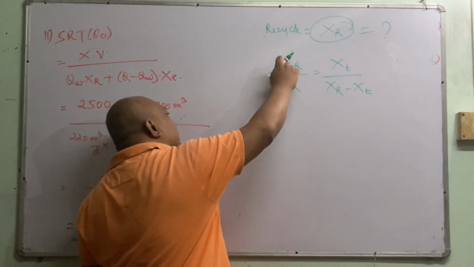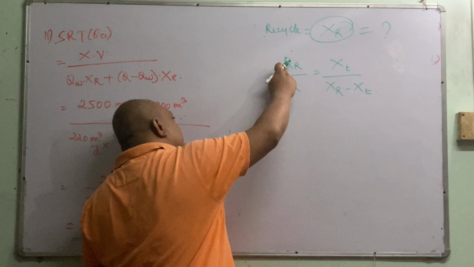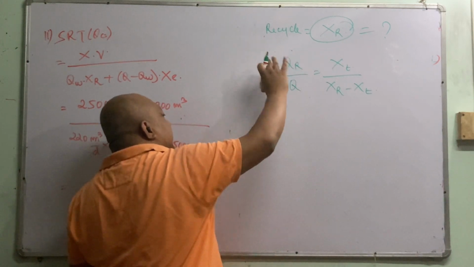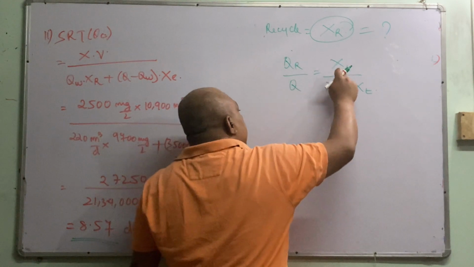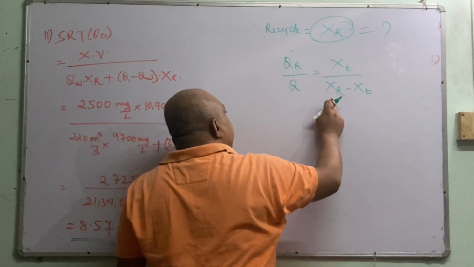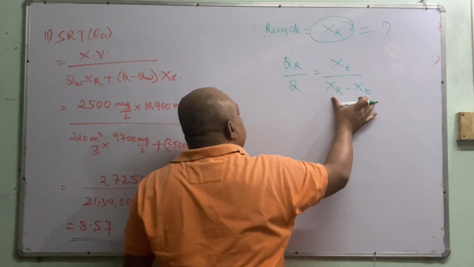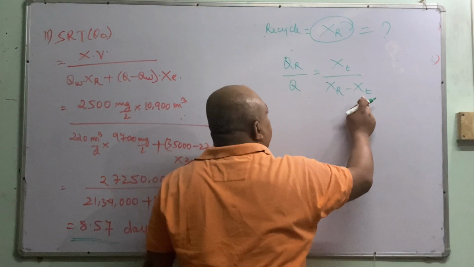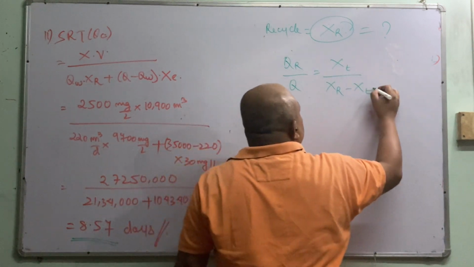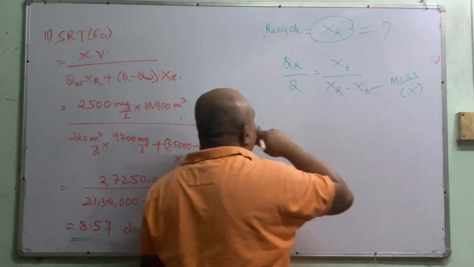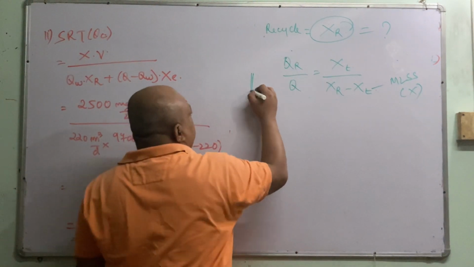The recycle ratio should be in the ratio of the sludge in the reactor and the condensed sludge, the difference between the settled sludge and the MLSS in the reactor. XT is the MLSS, or we call it X, correct? So this ratio is very important.